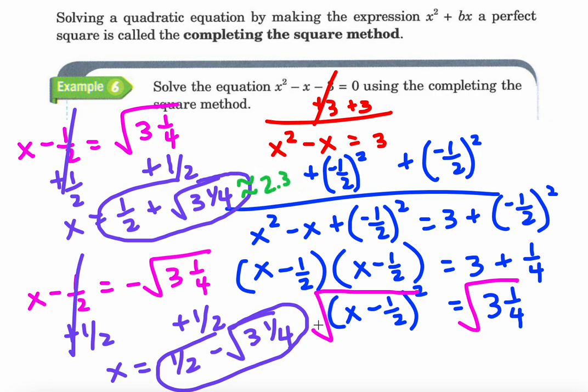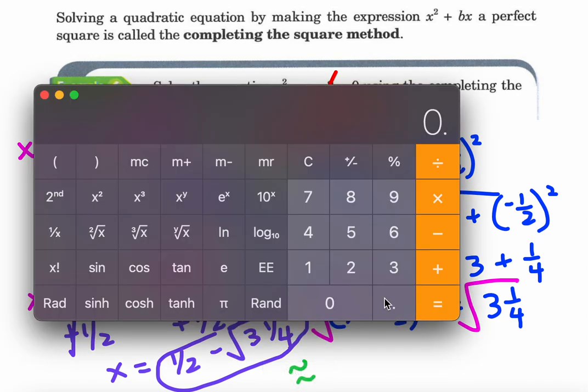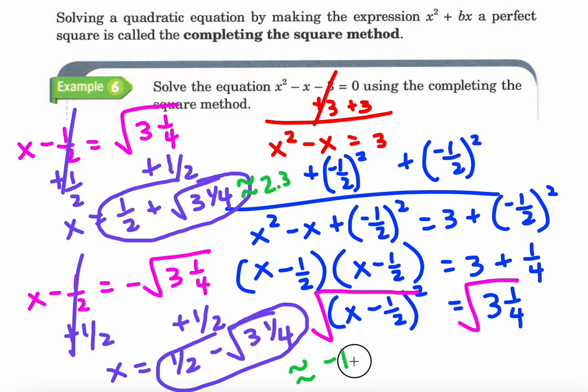This is if somebody wanted it in decimal format. This radical format is fine as well. 1.8 was the approximation, right? So this one would be 1/2 minus 1.8, 0.5 minus 1.8, and that would be about negative 1.3. Okay, so those two work as well for answers.